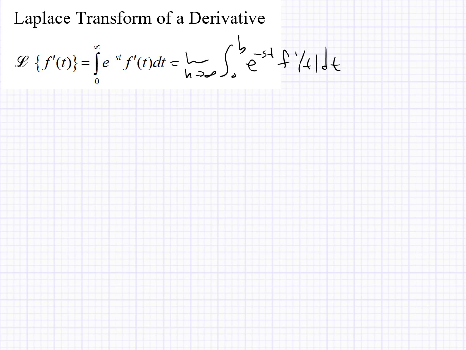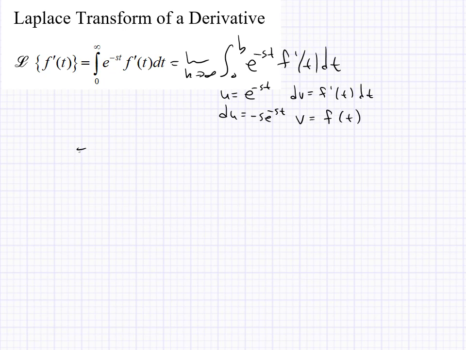So if you think about integration by parts, you would say, all right, u equals, well, the only thing we could do is say e to the negative st, and dv would be f prime of t dt. So then du would be negative s e to the negative st, and v would be the integral of f prime, which would just be f.